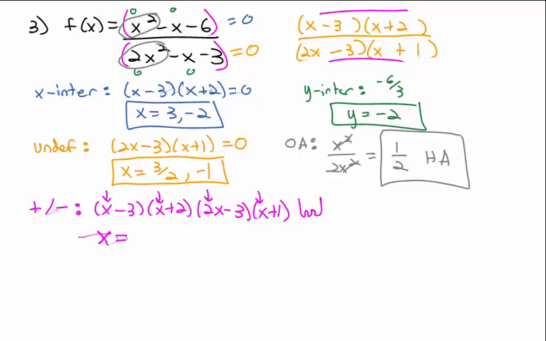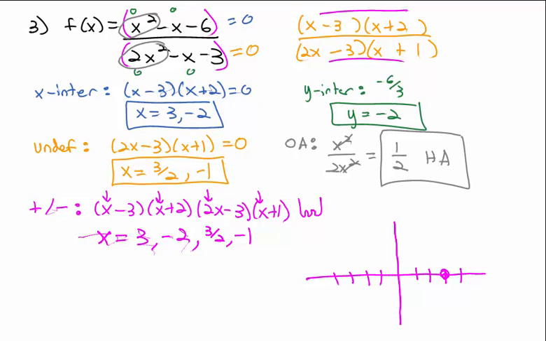And those x-intercepts are 3, -2, 3/2, and -1. Just a quick sketch so we know what we're dealing with. It's going to come in, bend, bend, and out. 4th power, going up to the positives.